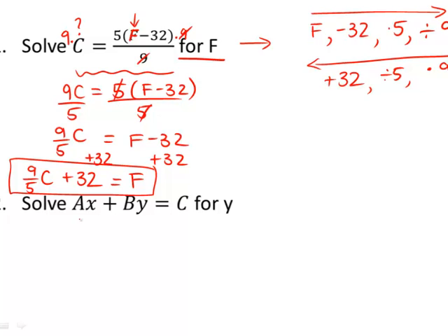Question 2 has ax plus by equals c, and they want you to solve it for y. I like to somehow bold the letter that I'm interested in and pretend the rest of the other letters are numbers. So if the rest of them were numbers, say it was 2 times 3 plus 5y equals 9, you'd want to get rid of this guy first.